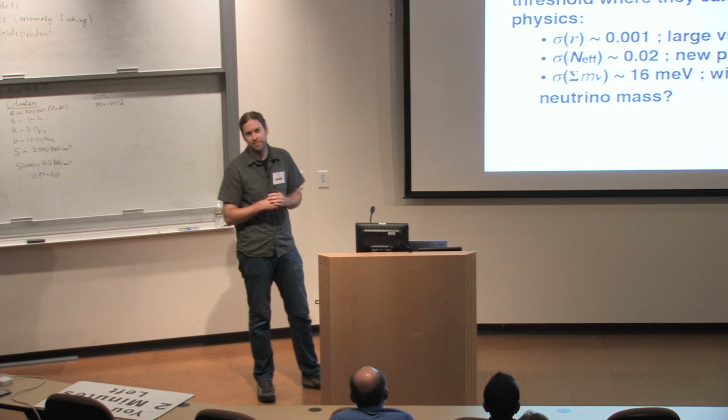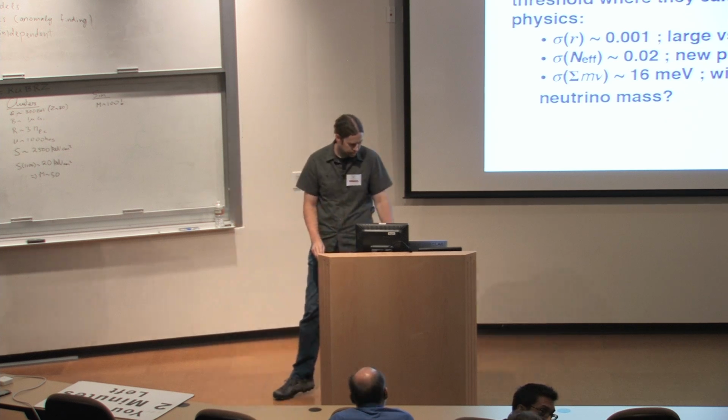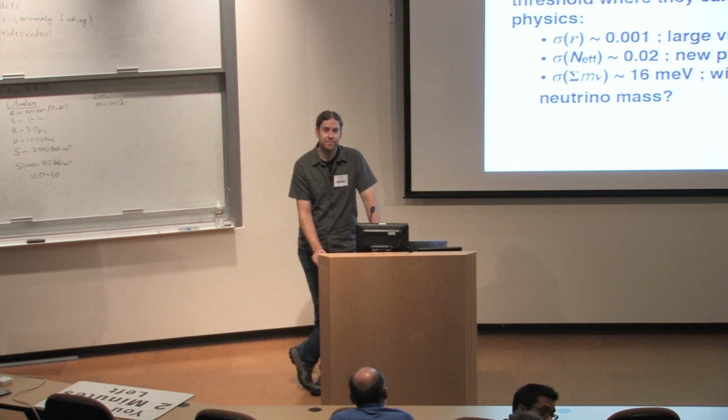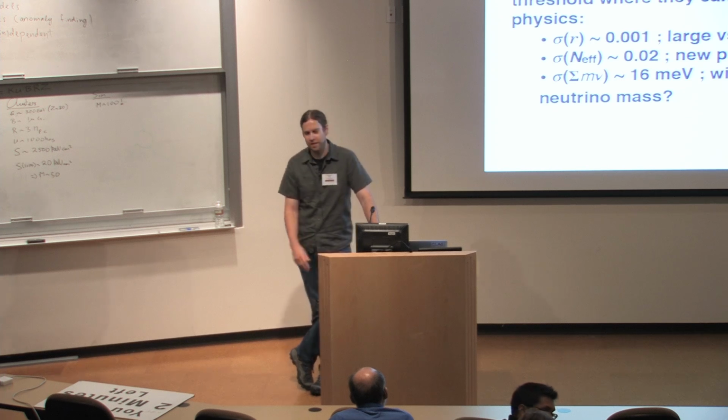A couple of questions. The first one, with regard to the survey that you're planning with the stage 4 experiment. For the cluster science, you highlighted at the end it would be advantageous to have the 1 arcminute beam rather than the 8 arcminute beam. So what is the cost penalty? Yeah.